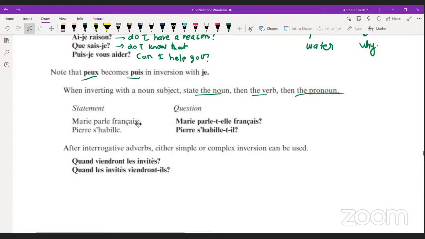So, Marie parle français. Very good. So see, we have the noun, then the verb parler, and then the pronoun elle. Okay, and why did they put the T here?